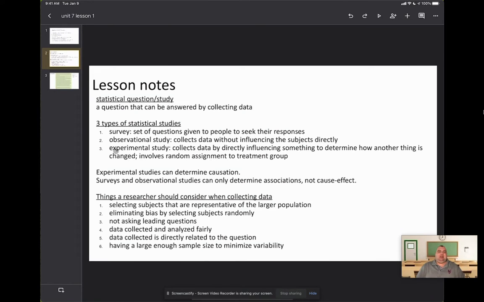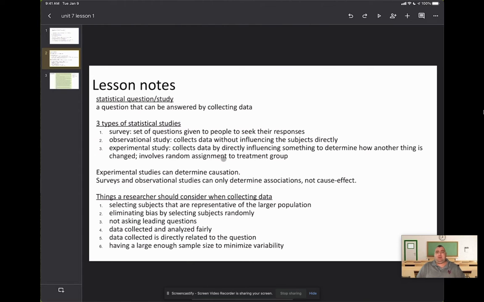Now that's a lot different for an experimental study. An experimental study is kind of like your typical scientific method that you learned about in science class. Remember, with the scientific method, you have a hypothesis. You test that hypothesis by collecting data, and then, based on that data, you make any possible conclusions.